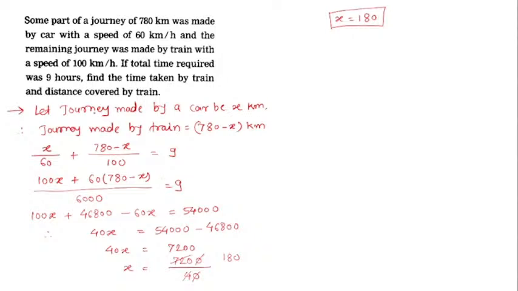x व्हेरिएबल कशासाठी आपण घेतले? जर्नी मेड बाय अ कार. And from that we can find the journey made by a train. So journey made by train is 780 minus x. So to find that, we have journey made by, or we can have the another word, distance covered by train.